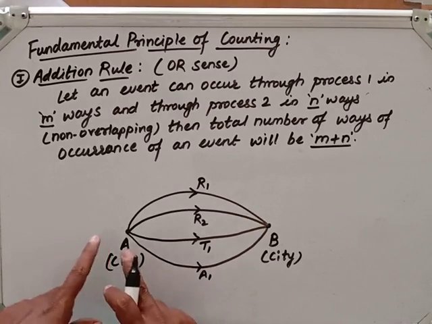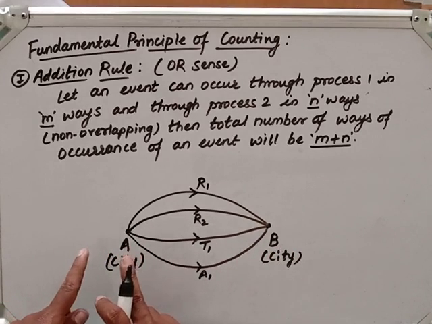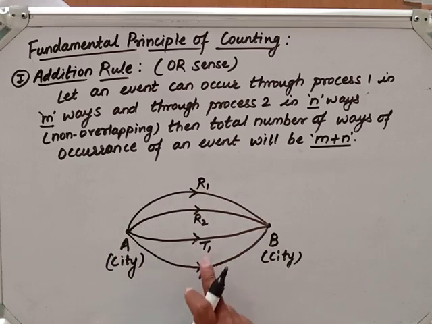So now how many ways are there in total for going to B from A? Two roadways, one trainway, and the other one is an airway.